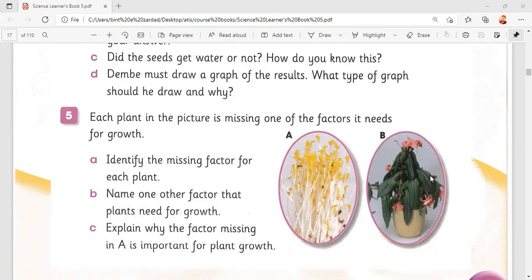Plant A is growing up, which means it's missing light. Plant B is missing water. That's why it's growing up, but with no water, it's not working.